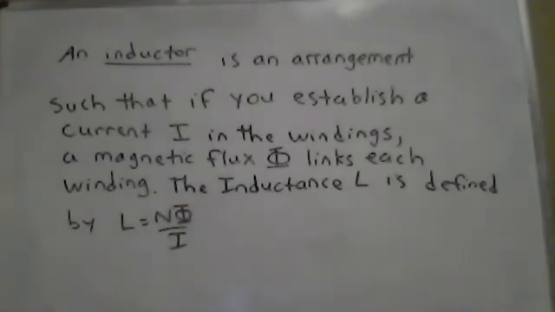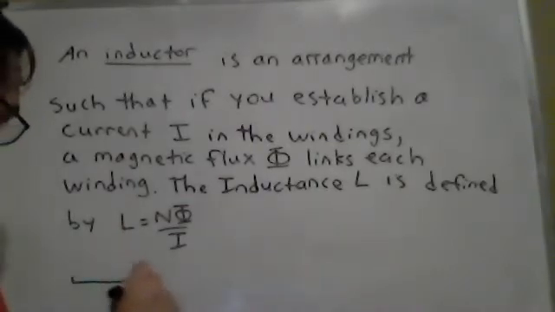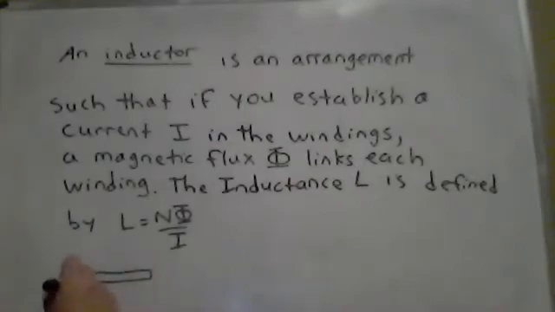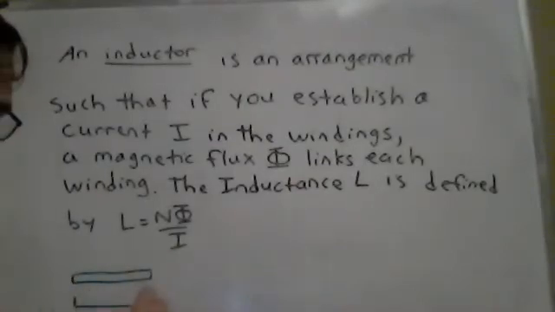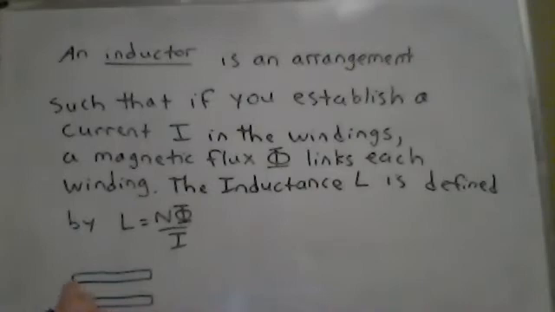Back in chapter 18, we had the capacitor. Let me draw an analogy here. What do we do with the capacitor? Well, we had two parallel plates, and this is all review.